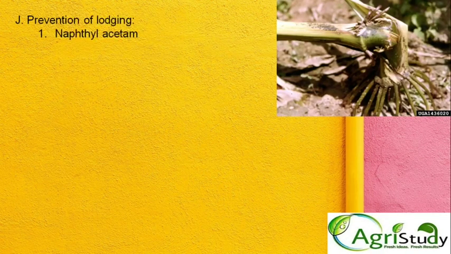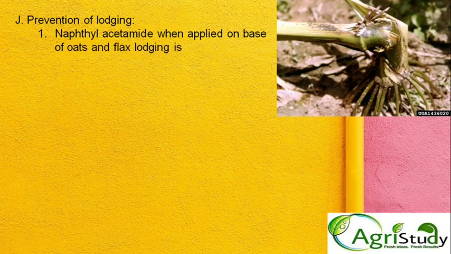And prevention of lodging. Friends, when naphthyl acetamide is applied at the base of oats and flax, lodging is prevented. See, some functions of auxins or any plant growth regulators will not be uniform in every plant species. They differ. Some might be useful in some plants, some may not be.